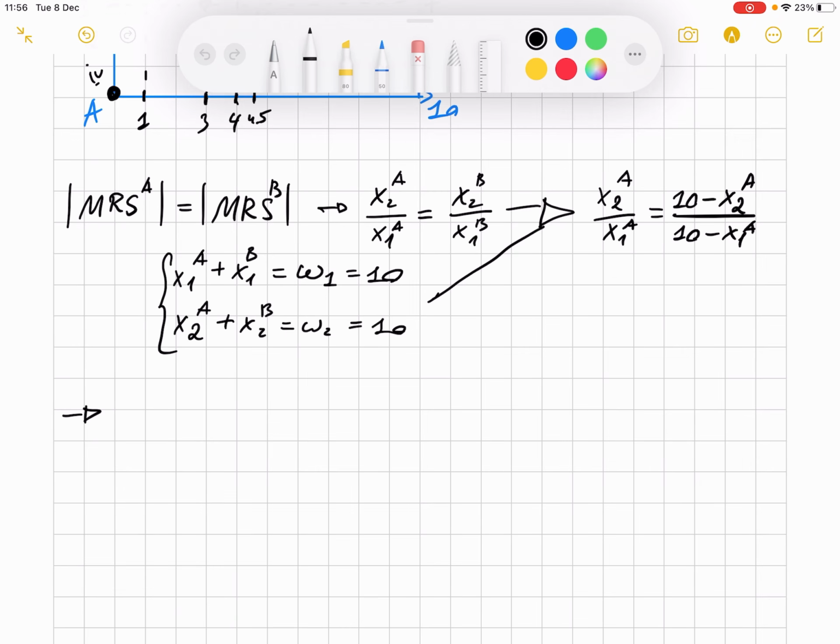First we are going to multiply in such a way, and so we get this one here.